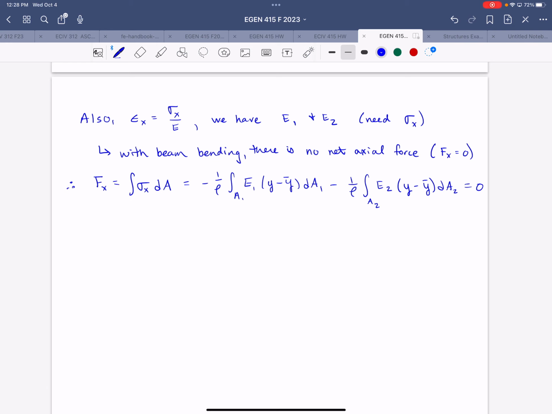Since y bar is going to be a constant, right, because it's just defining the location of the neutral axis, we can pull that out of the integrals.